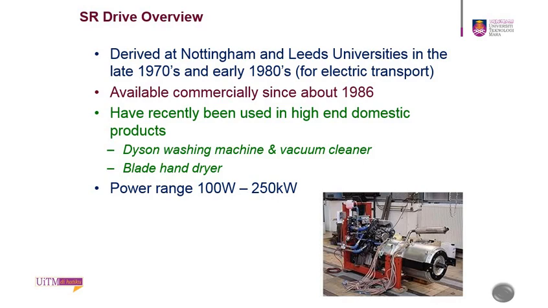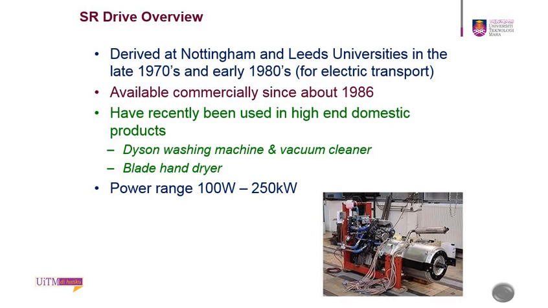But it was commercially available since 1986, and it has recently been used in high-end domestic products. For example, you all know the Dyson washing machine and vacuum cleaners. They have been using switched reluctance drives, and also Blade hand dryers.